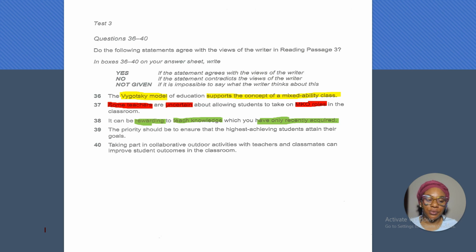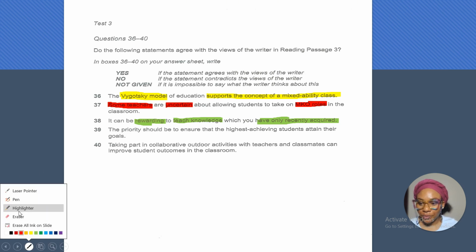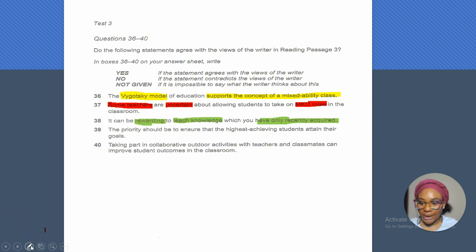We are now on 38. So what do we do? We read 39 just in case. Okay? So let's look at 39 now. 39 says the priority should be to ensure that the highest achieving students attain their goals.